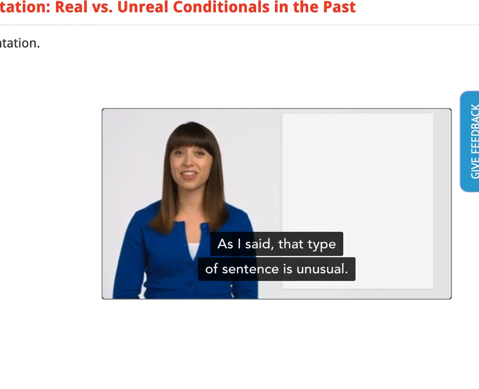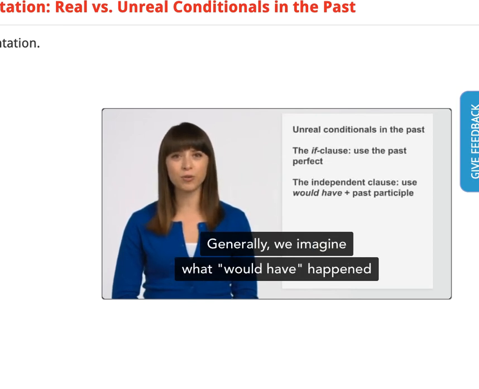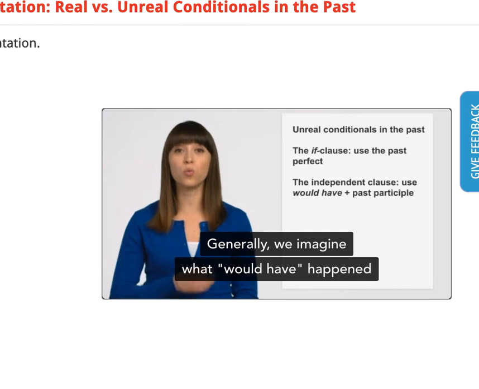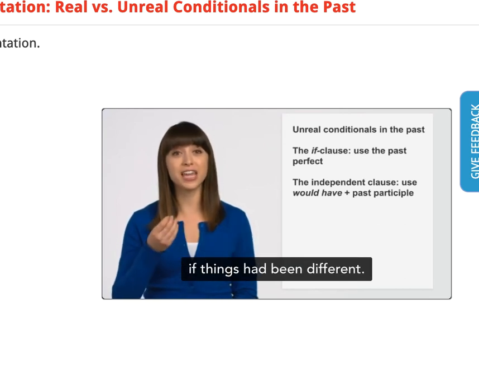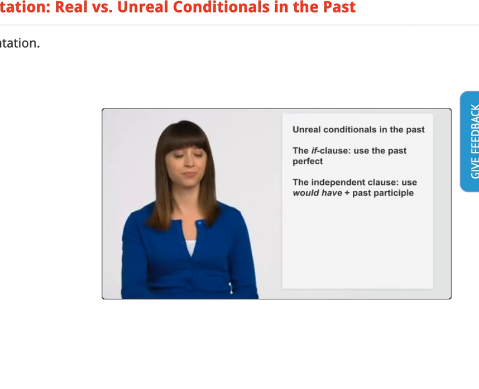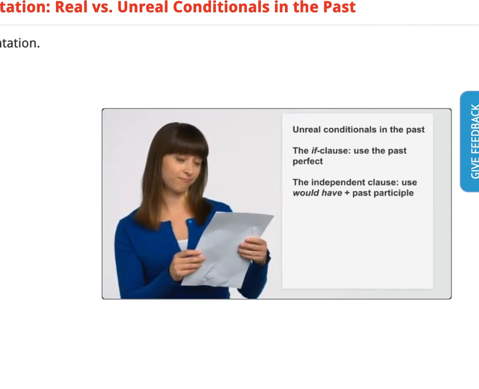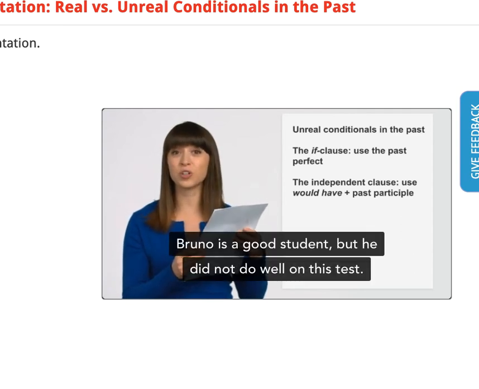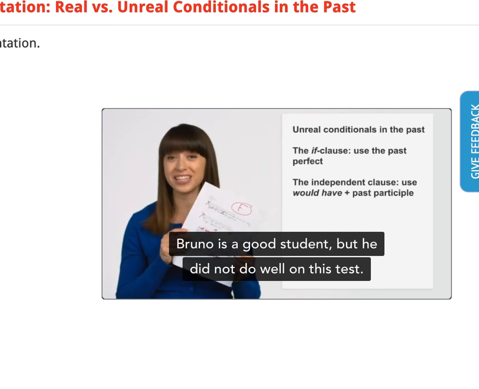As I said, that type of sentence is unusual. Generally, we imagine what would have happened if things had been different. These are unreal conditions. Bruno is a good student, but he did not do well on this test.